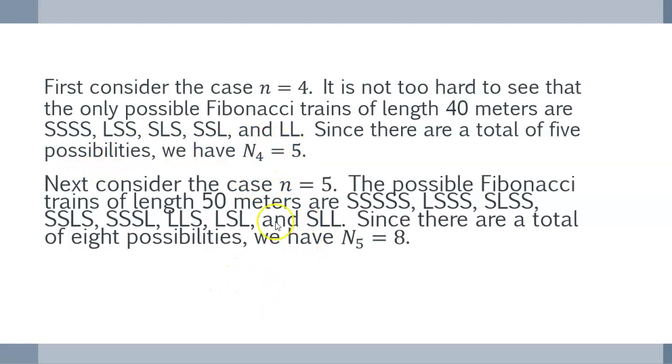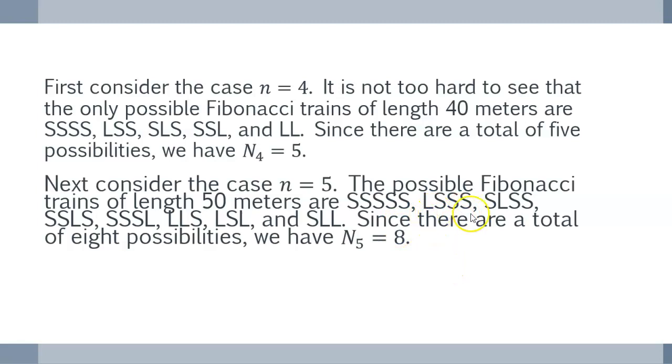And finally, let's consider the case little n equals 5. In that case, it turns out there are 8 possibilities. Let's just go through them all. This is more complicated, and if you kept doing this, they'd get more and more complicated, so I think it's a good idea to stop at little n equals 5. You can have 5 short box cars, or you can have 1 long and 3 short ones.